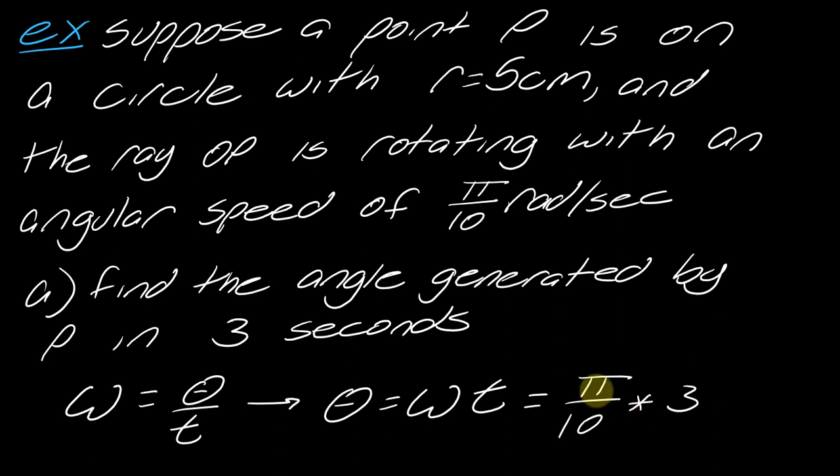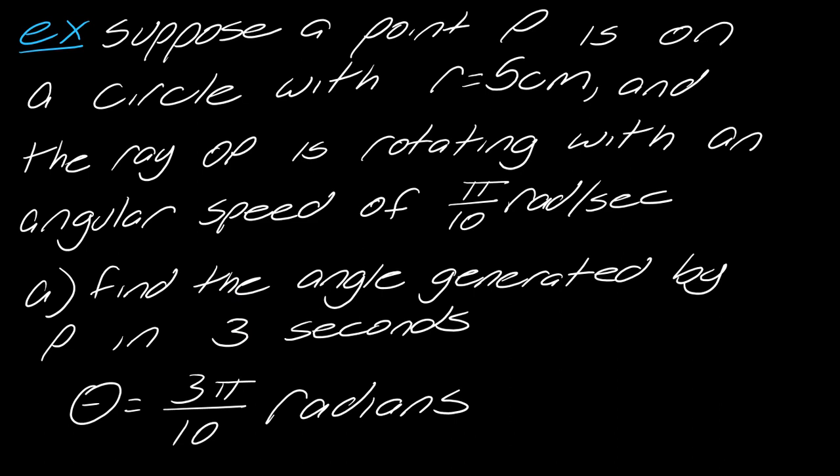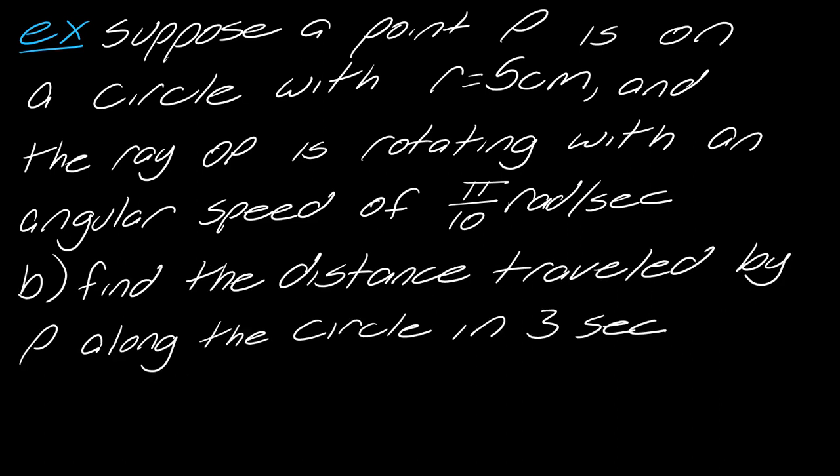Then I can multiply those things together: pi over 10, that was my angular speed, and the 3, which was given in the problem. So this will come out to 3 pi over 10 radians, because the seconds will end up canceling out. Again, use dimensional analysis if you need to figure that out.